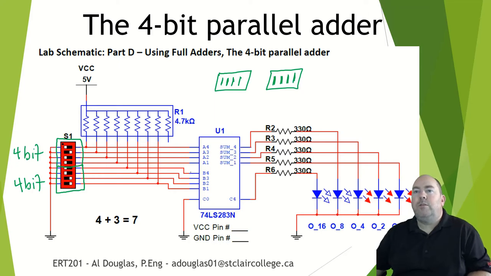But basically you put in a number here, you put in a number here, it adds them together, and you will get a combination of lights that will light up according to what the result should be. So that is the 4-bit parallel adder.